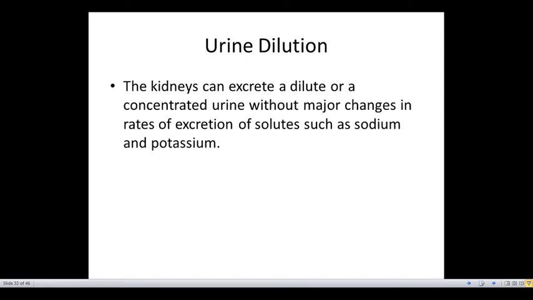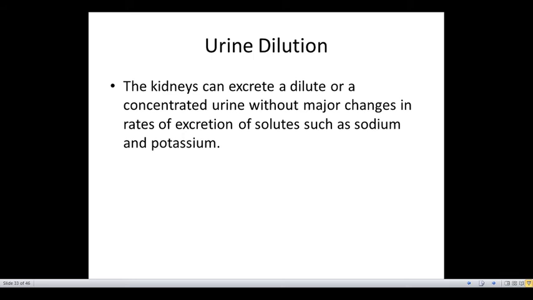An equally important point to note is that the kidneys can excrete a dilute or a concentrated urine without major changes in the rates of excretion of solutes such as sodium and potassium.